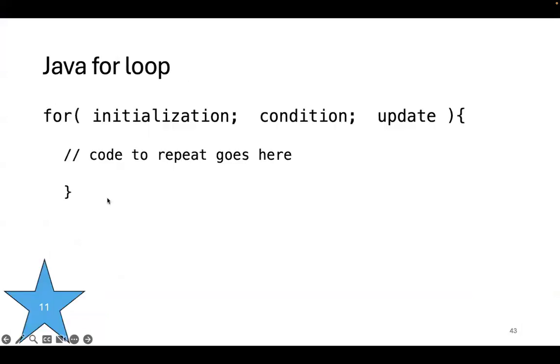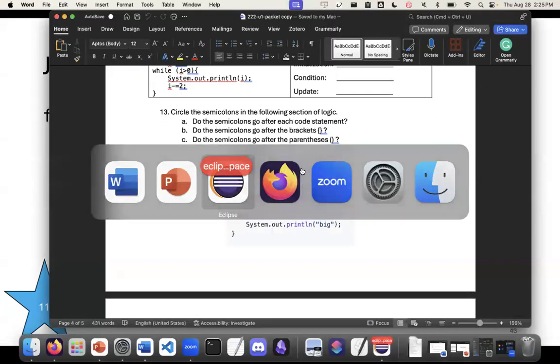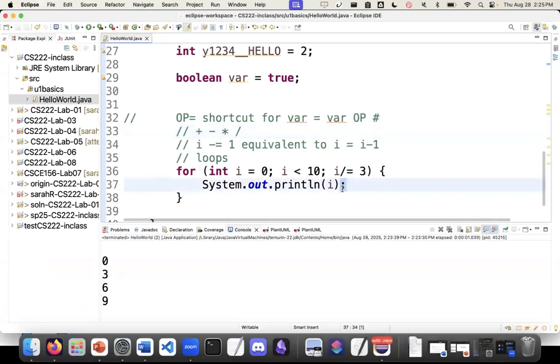I will note, where are the semicolons here? They're inside the parentheses, right? So they separate the initialization, condition, and update steps. And I would also assume that there are semicolons in the statements for the actual for loop, because if we go over here, there's one.